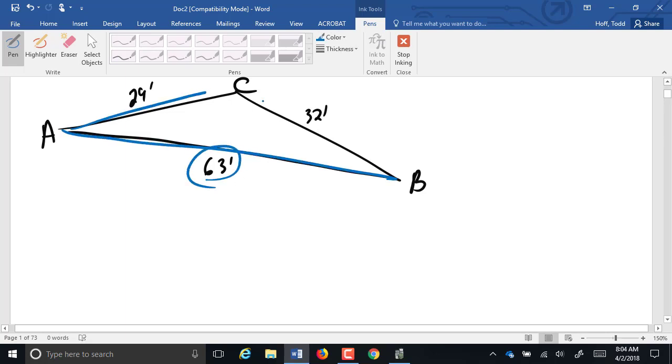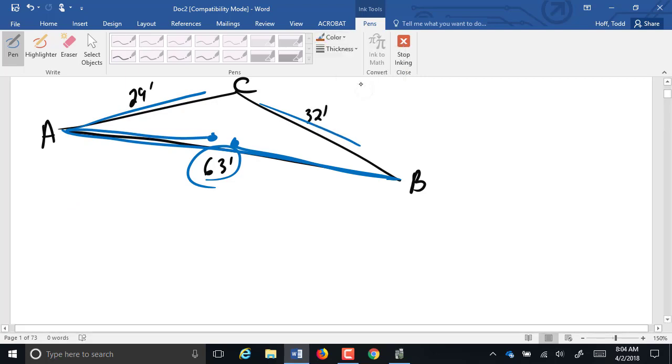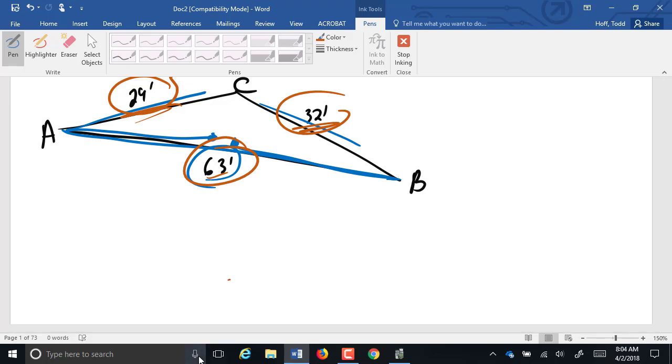If I add those two together, how long are they? 61. Which means even if they were straight, they would never reach each other. One seldom used rule of triangles is any two sides have to add up to be more than the third side. Here, those two do not add up to be more than the third side.